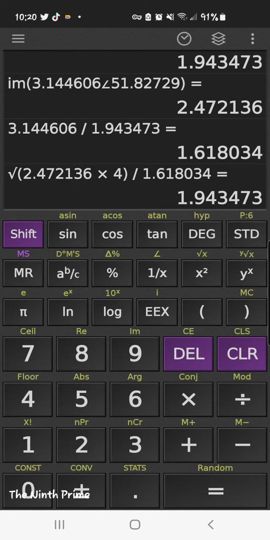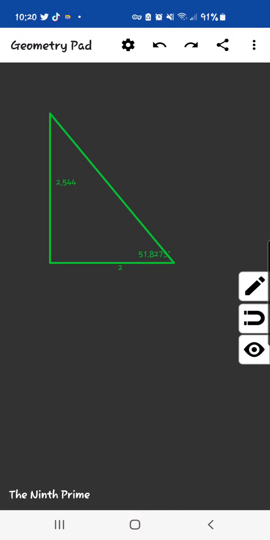But going back to this, that's my little presentation on the true value of pi and the magic of it, and what it reveals, and the errors in the conventional pi, which the academics absolutely need to change ASAP.